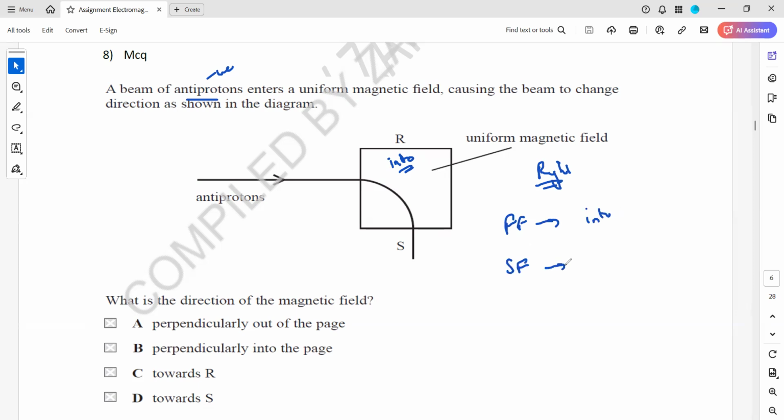Your second finger represents the direction of the particle, which is towards the right-hand side. So where is your thumb pointing when you apply the rule? Your first finger is pointing towards the screen, your second finger is pointing in the direction of the particle towards the right, so your thumb is pointing downward. So if the thumb is pointing downward, it means the force is downward, and that's right. The force is downward, which causes a deflection.